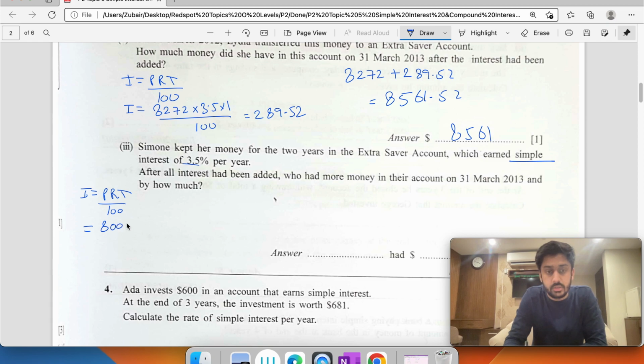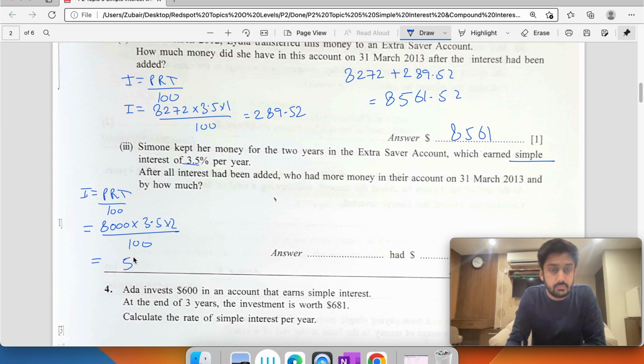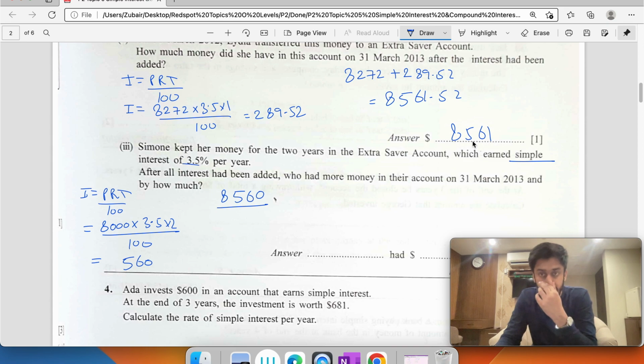Invested amount was 8,000, rate is 3.5% flat for 2 years, and his interest would be 8,000 times 3.5 times 2 divided by 100, which is 560. So total is 8,560, and clearly this amount is less than this one.